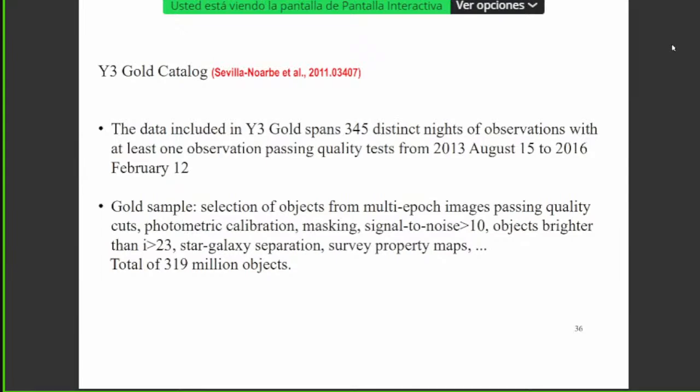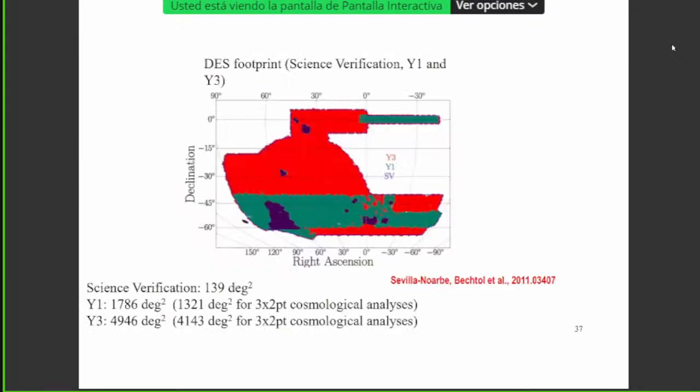So the data was first included in this so-called Year 3 catalog with 345 nights. I think I will not go into detail, okay? But we have to start from a catalog of galaxies. I can discuss more. This is the footprint. So we observed galaxies in this region in the sky. This is declination. This is right ascension. And we have an area for Year 3 of almost the whole 5,000 square degrees.